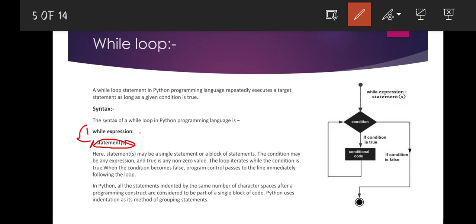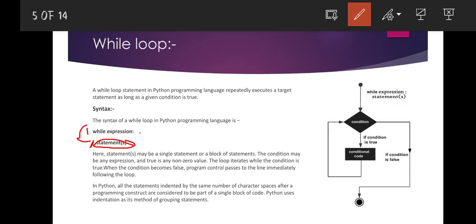We give some space, so it indicates that the statement is within the loop. If you write that statement in the same line as the while, it indicates that it is outside the loop. So always maintain indentation while writing Python programs. If you give wrong indentation or unwanted spaces, you will get an indentation error.